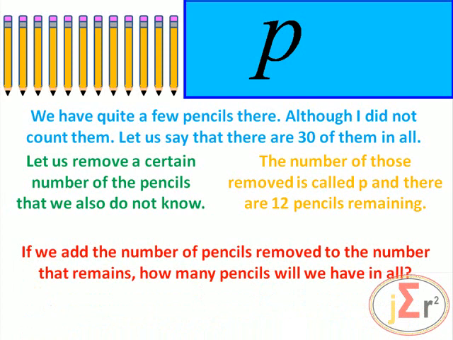If we add the number of pencils removed to the number that remains, how many pencils will we have in all? So we had 30 to begin with. We take away some of them. If the number that we take away were added to the number that remains, how many pencils will we have? That's very simple.